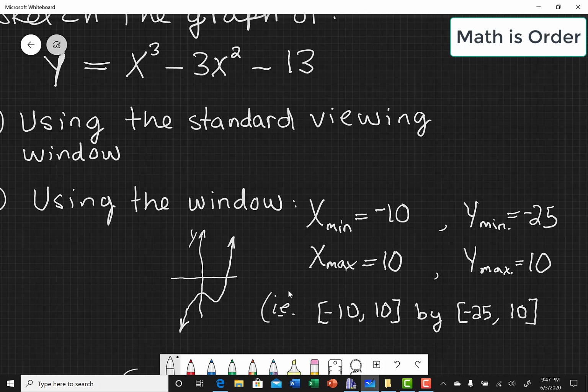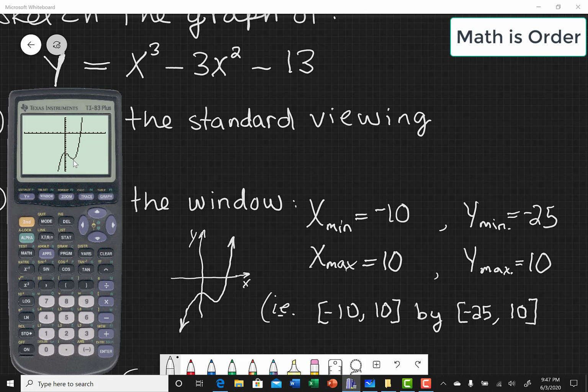If someone asks you to sketch the graph of this equation, and you drew this on your paper, which looks similar to the actual graph, right? But your graph here that you drew is meaningless. Why? Because it has no coordinates on it.